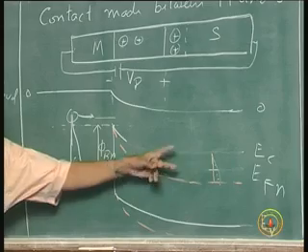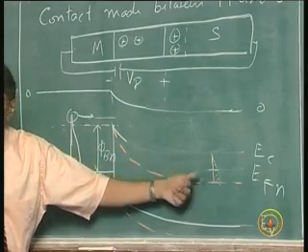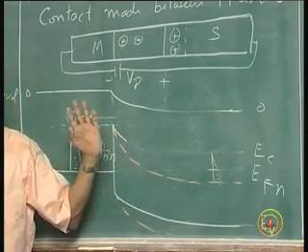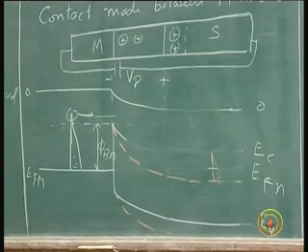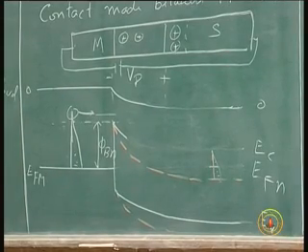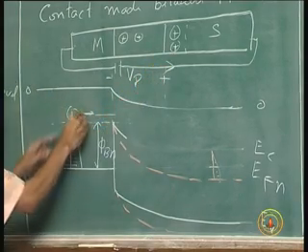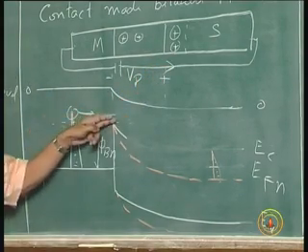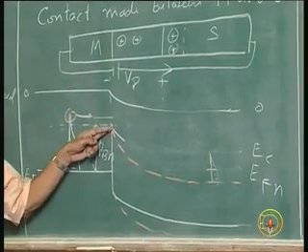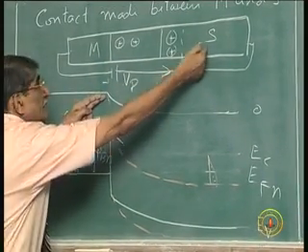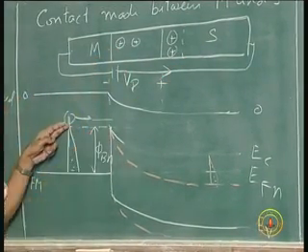What has changed is, this has moved down, the number which is crossing from right to left has gone down to 0, because they are not able to cross. That is what I want to point out. So the reverse bias current now will be in this direction due to transport of electrons from left to right, that is, actual current flow is from right to left, transport of electrons is from left to right.